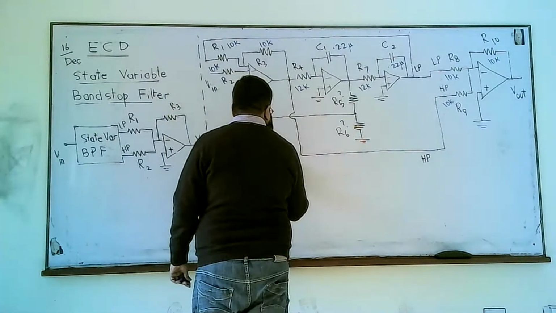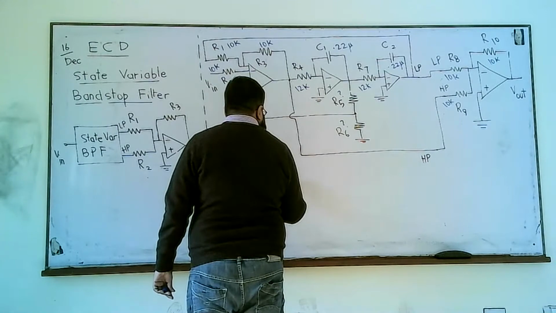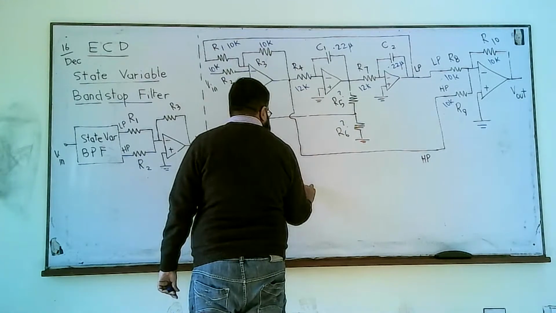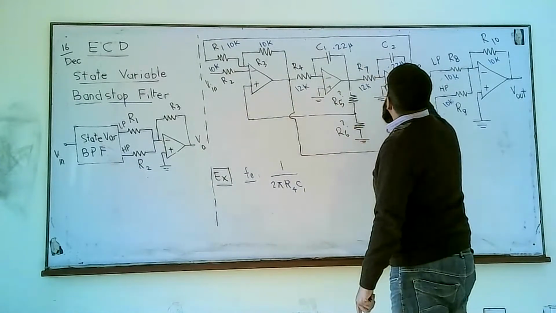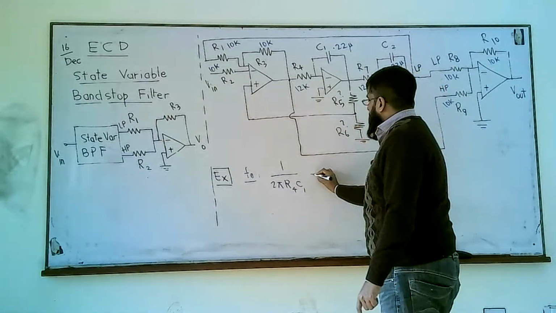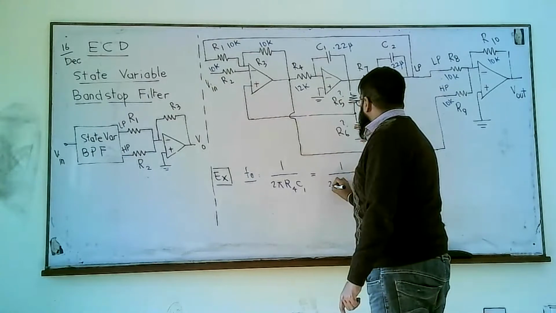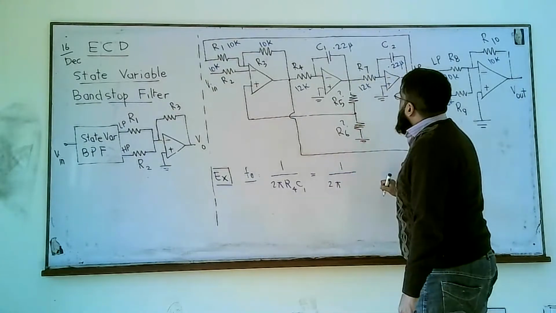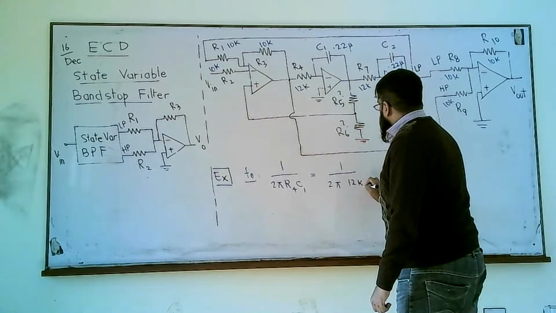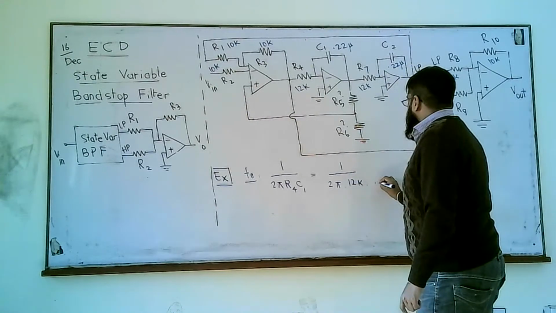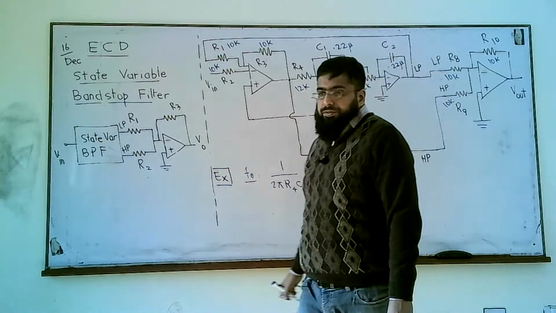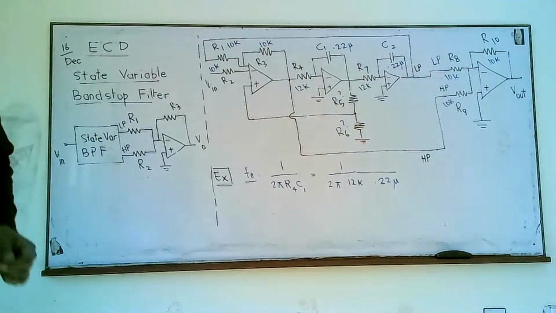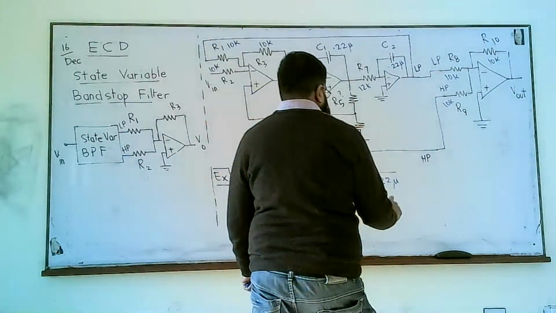We know F0 is 1 over 2 pi R4 C1, or R7 C2, you will reach the same answer. 1 over 2 pi, R4 is 12K times C1 0.22 micro. So you get 60 hertz, F naught is 60 hertz.